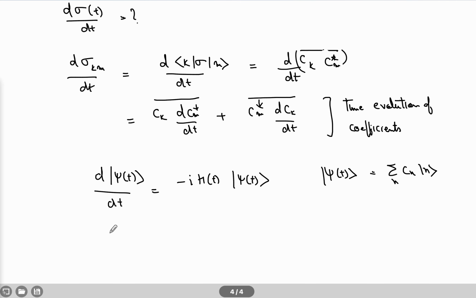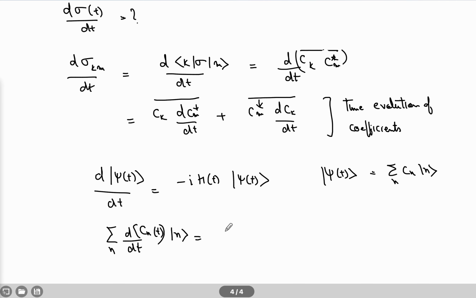So we will have summation n d by dt cn(t). See here, the time differential will act on cn(t) because the states are stationary. So this will not be in d by dt.